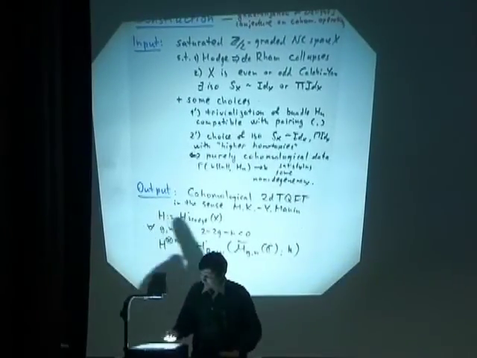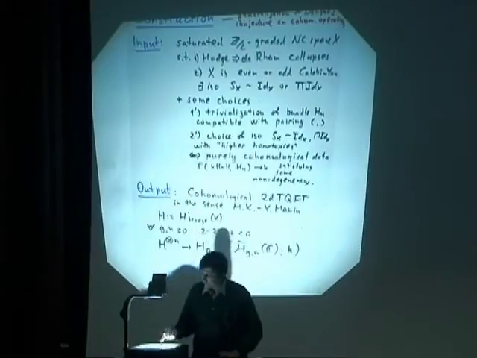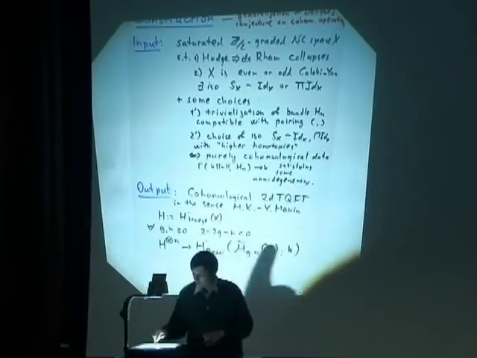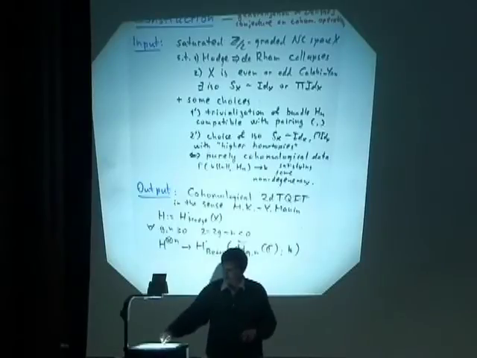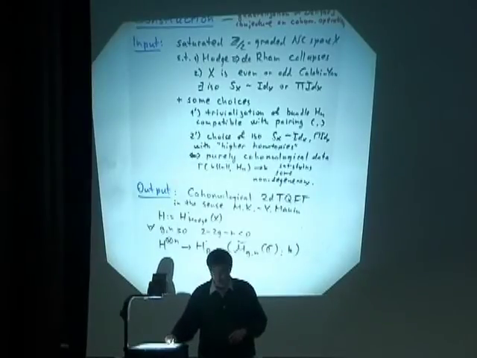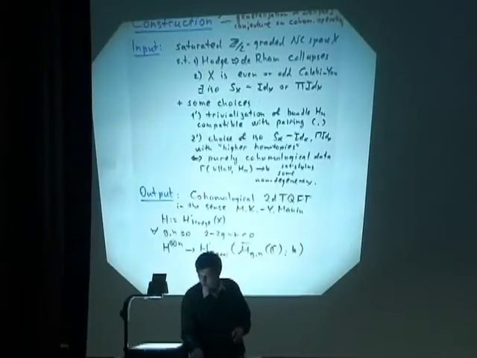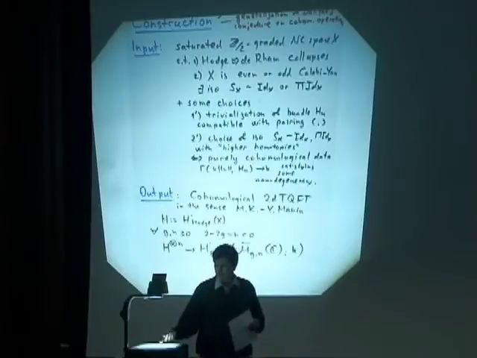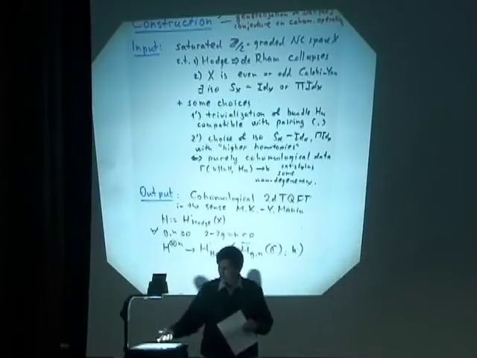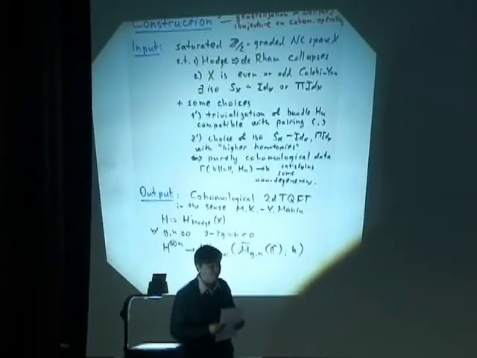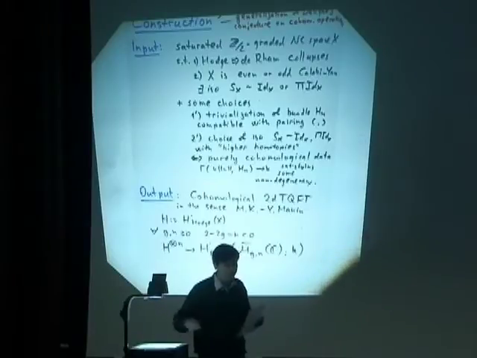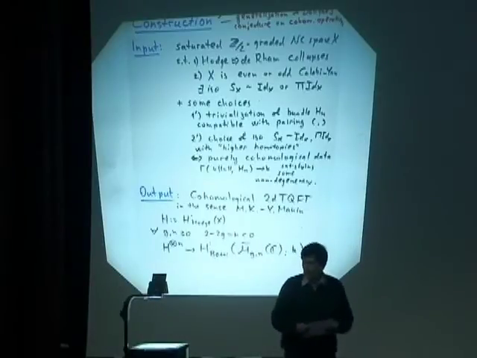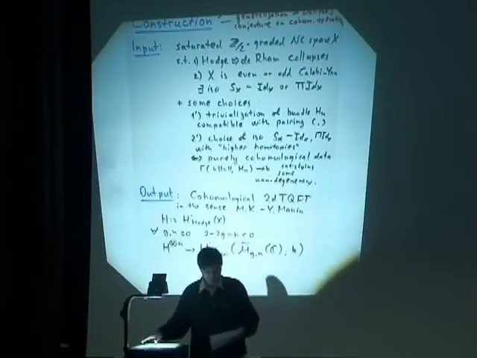So I get finite dimensional spaces, the Hodge cohomology of X, and for any moduli space of stable curves, I get a map from H to the power n to the Betti cohomology of this moduli space. It's not an algebraic variety for me. It's a combinatorial topological object because I go from de Rham cohomology to Betti.